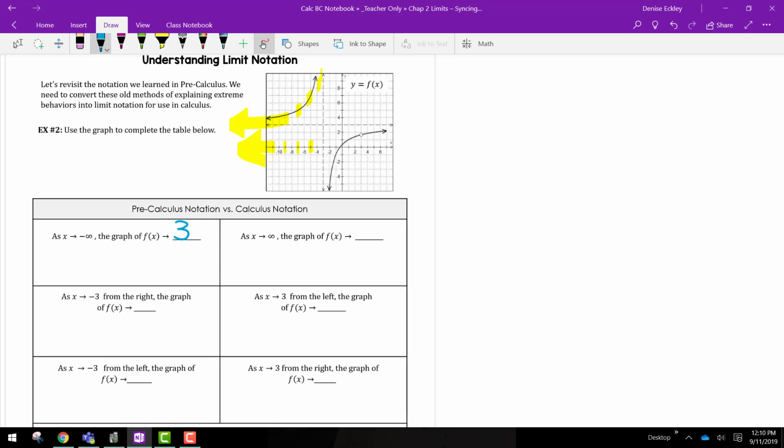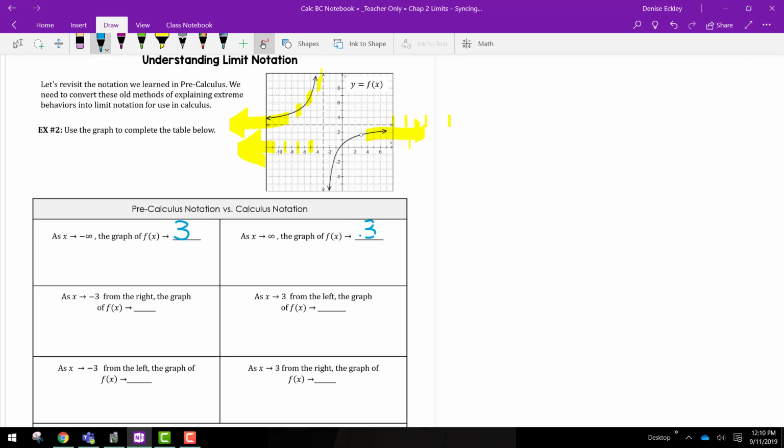The same thing is happening as x approaches infinity. Now we're moving along the curve this way, and we are going to be halted by our horizontal asymptote. So f of x is approaching 3 as well. Now, that's our pre-calculus notion.